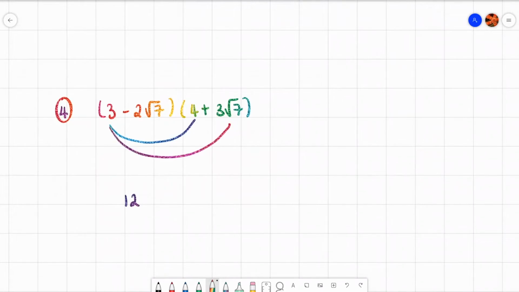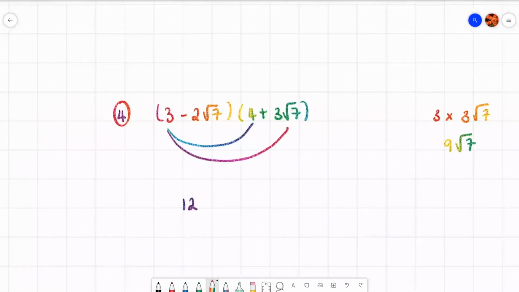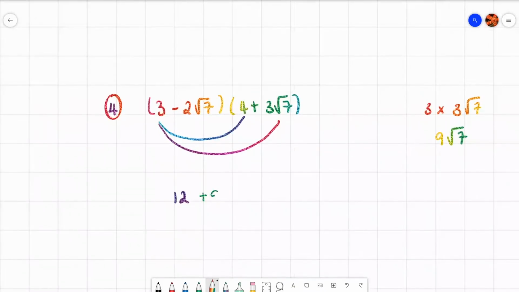Then 3 times 3 root 7. So you just times the whole numbers together. 3 times 3 is 9, then root 7, because the number 3 doesn't have a root with it, so you can't really times that with anything. So that becomes plus 9 root 7.